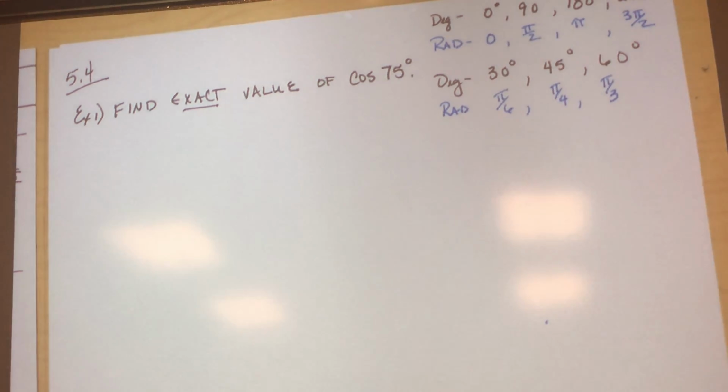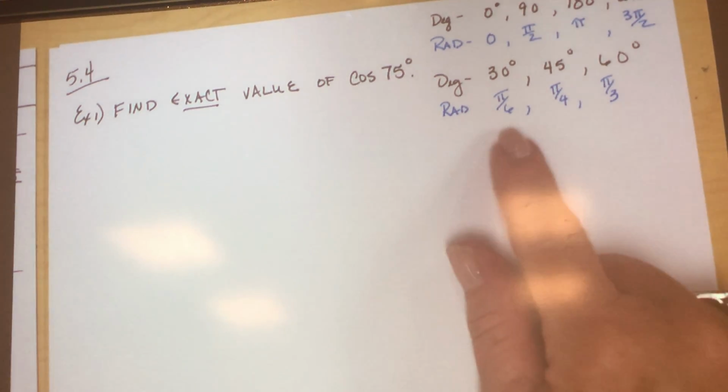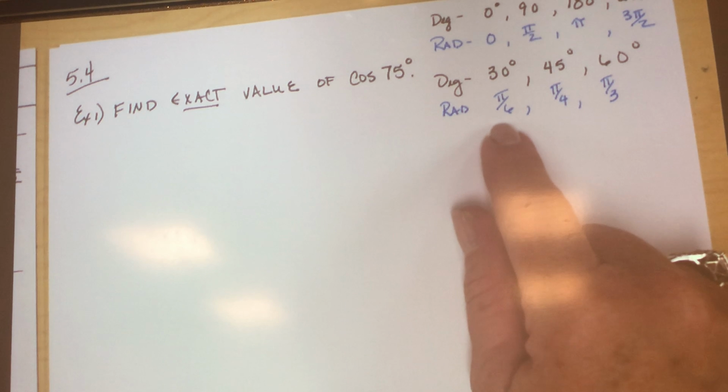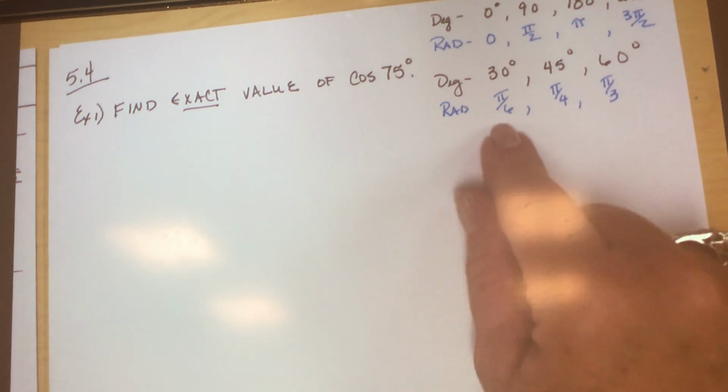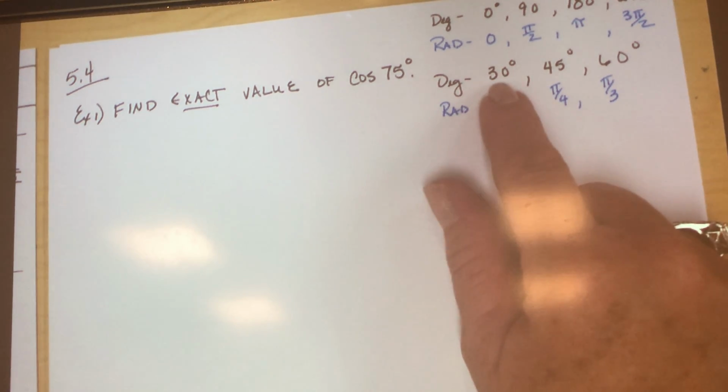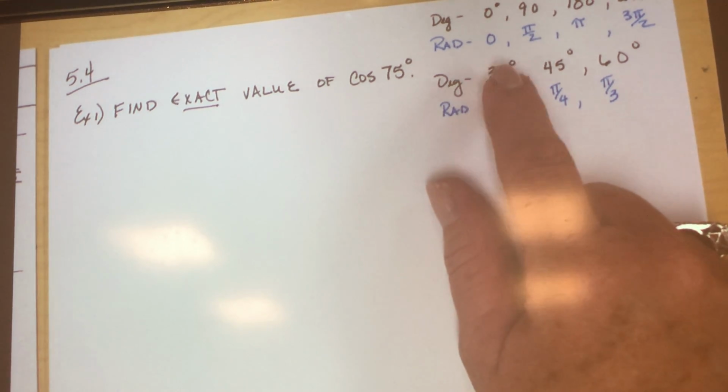Now think about this. Put pi over 6 in the second quadrant, and what is it? 5 pi over 6. What is 5 times 30? 150. Where is 150? 30 degrees off of 180.